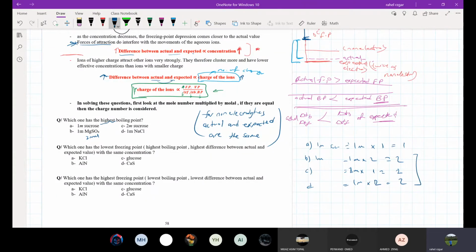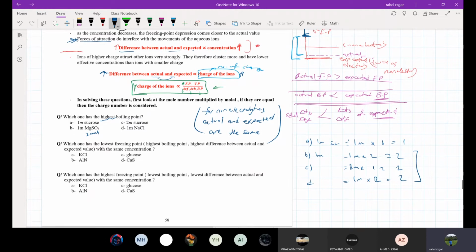So all three have the same answer. Then why is the answer C? Why is it not B and D? Because B and D are electrolytes. They have actual values that are lower.